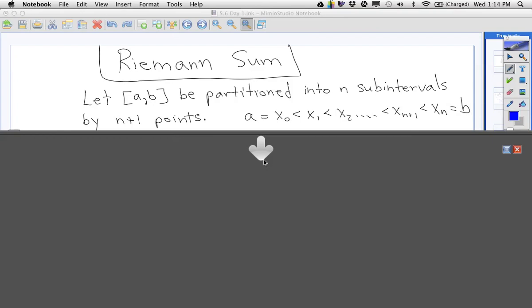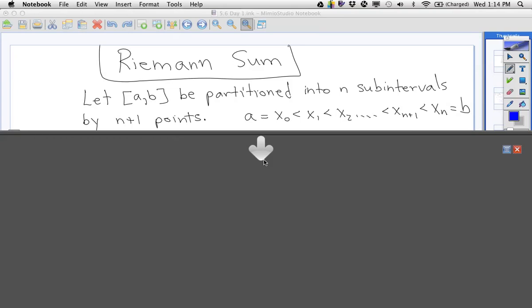If we have 10 subintervals, we want the last one to be x sub 10, so we have to start with x sub 0. So A, our left edge, we're going to call x sub 0, and then x sub 1, x sub 2, x sub 3, x sub 4, like what we just had with the 5 points. x sub 4 is actually the 5th point.